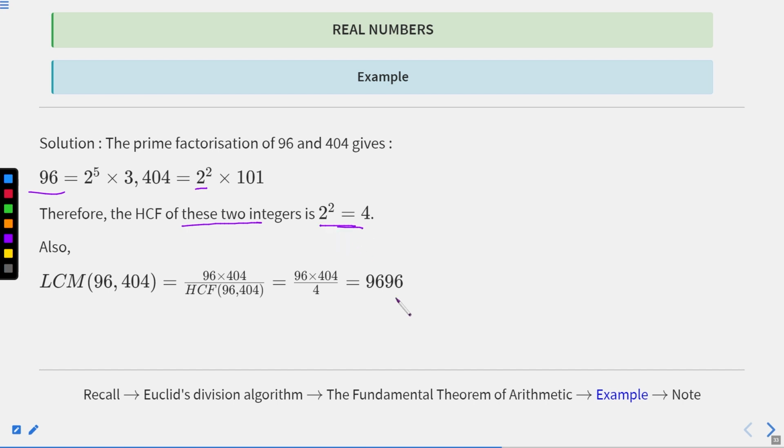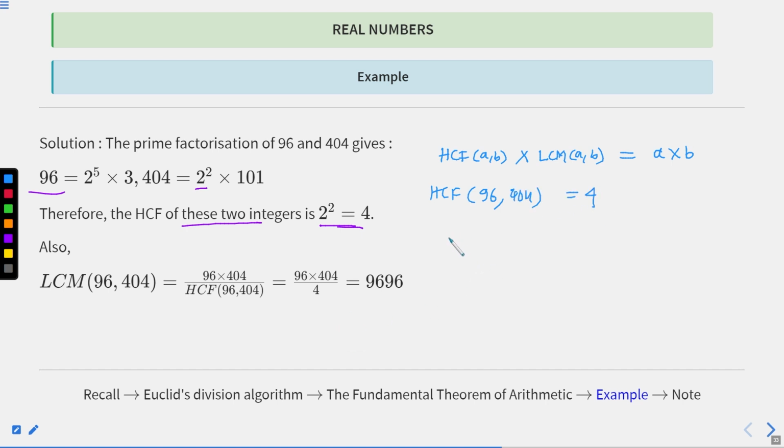Okay, and we also know this formula: HCF of a, b into LCM of a, b is equal to a times b. So the HCF of two numbers into the LCM of two numbers is equal to the product of the two numbers. We already found the HCF of 96 and 404 is equal to 4.